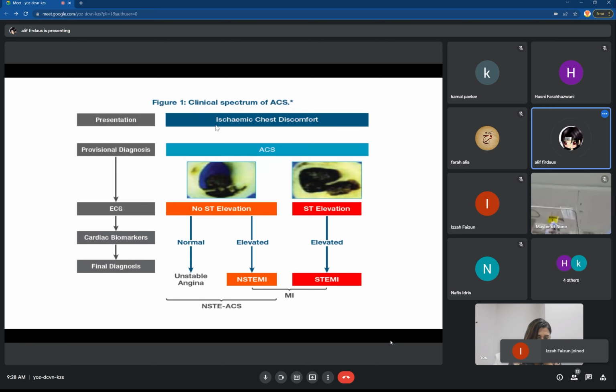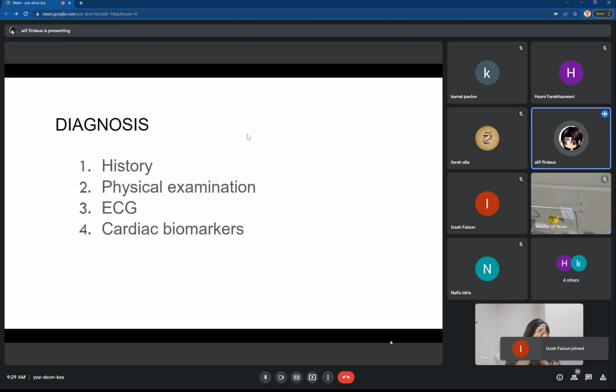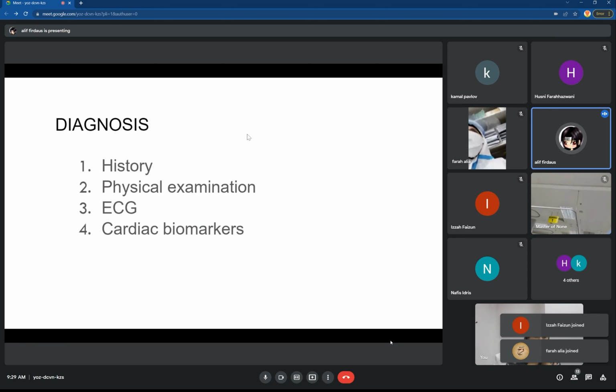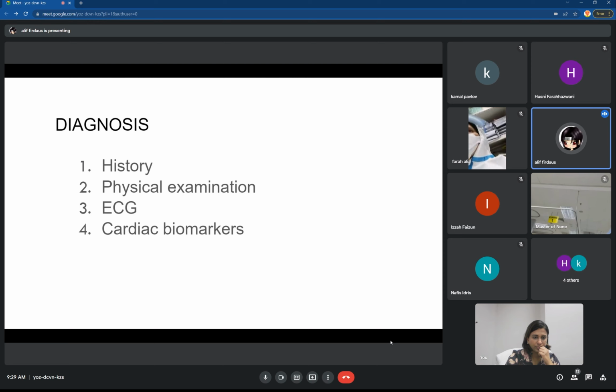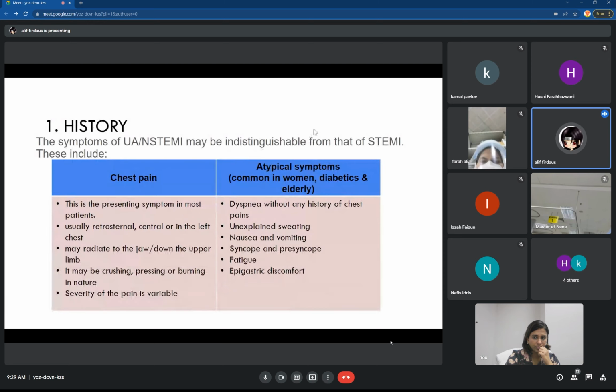The next thing, how do we diagnose ACS or MI? First of all, we will take a little bit of history from the patient. We will do physical examination, ECG, and cardiac biomarkers. From the history, usually the patient will come with typical chest pain.